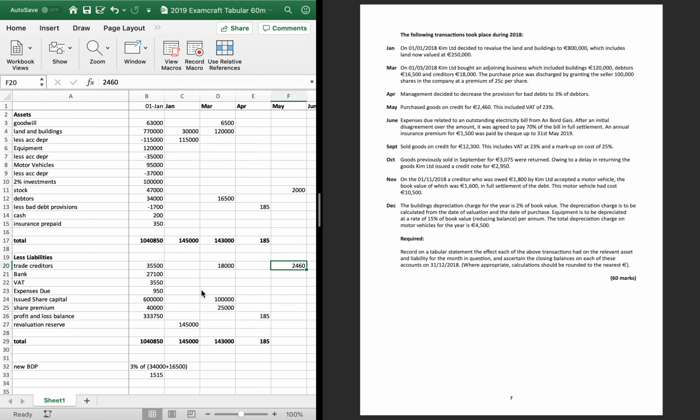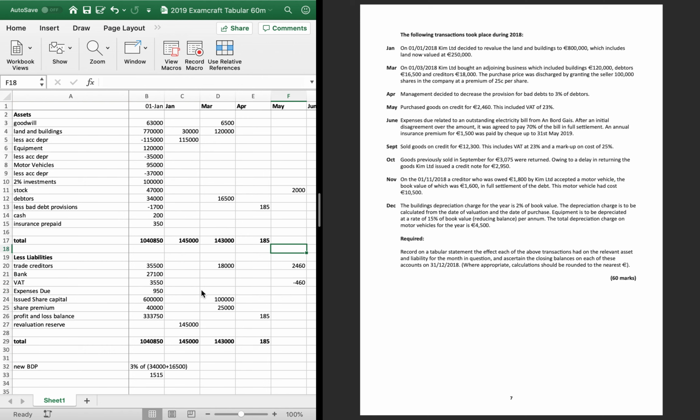There was VAT of 460 on it. When you buy goods, you're allowed to claim that VAT back. So your liability goes down. So the VAT on purchases and the VAT on sales returns always reduces your VAT. The VAT on sales and the VAT on purchases returns increases your VAT as a liability. So this 460 reduces your VAT liability.